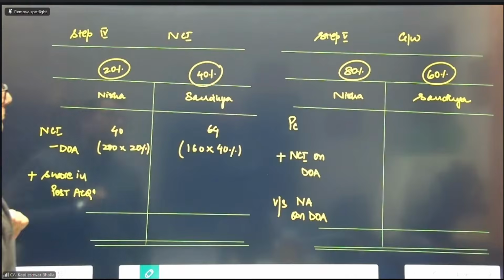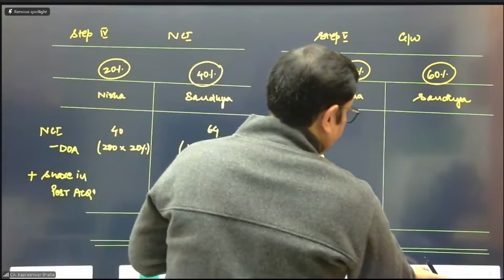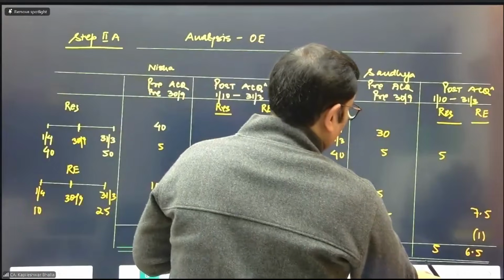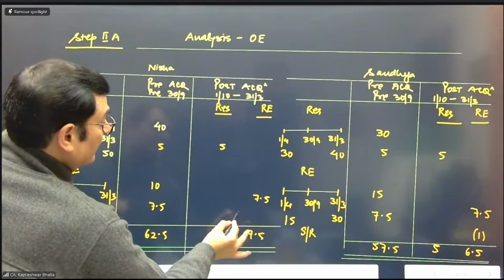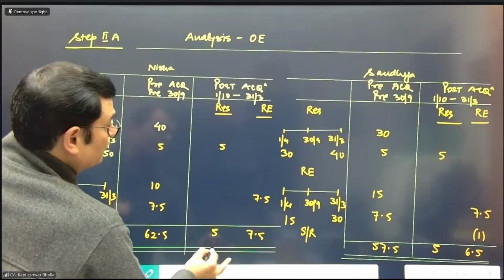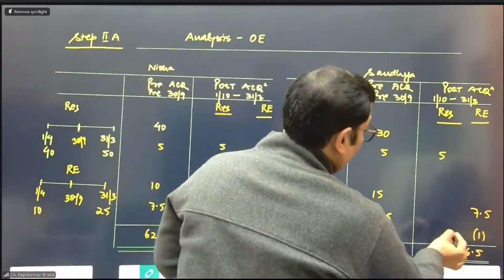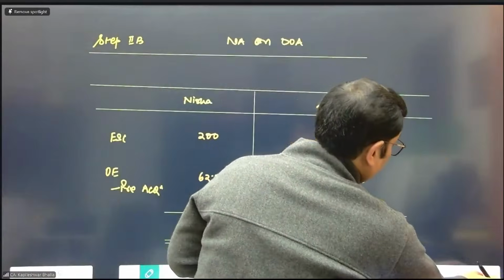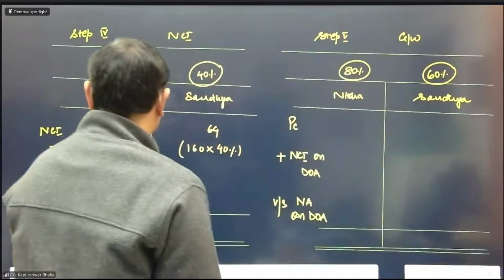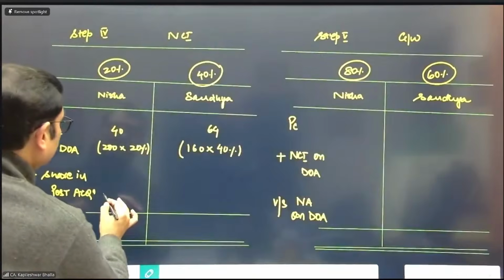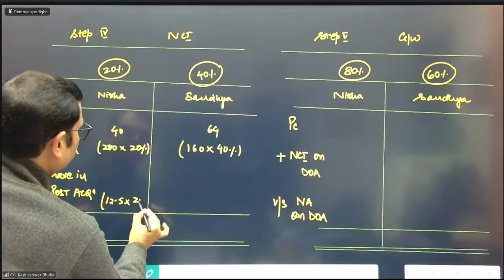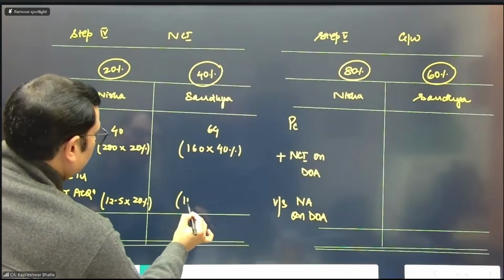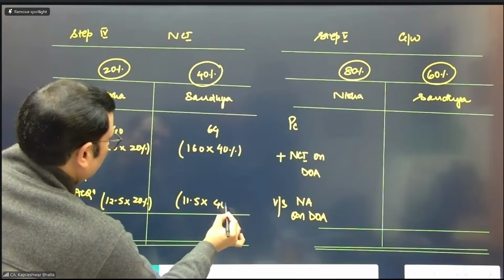Then the share in the post-acquisition profits. We go to the analysis. I guess the post-acquisition is 5 and 7.5, 12.5, 5 and 6.5, 11.5. So this was 12.5 into 20%, 11.5 into 40%.